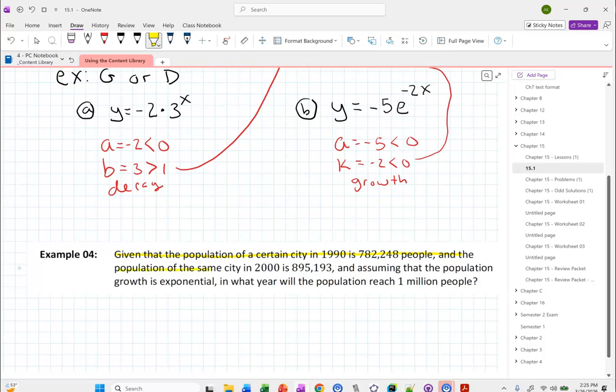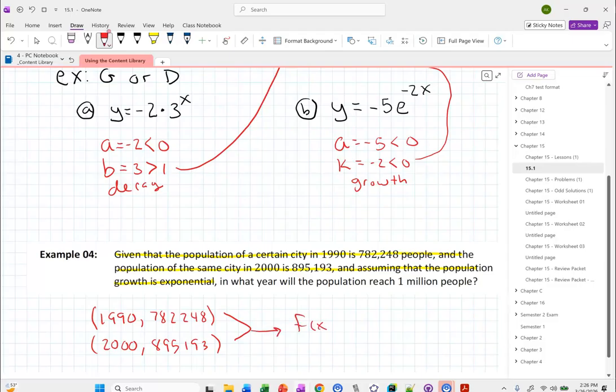So this first sentence is basically saying, take the point and the other point and put them together to spit out an exponential equation.